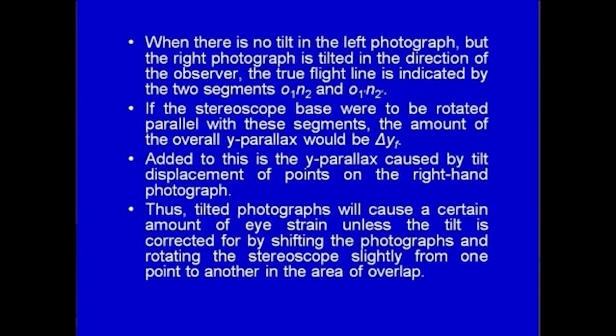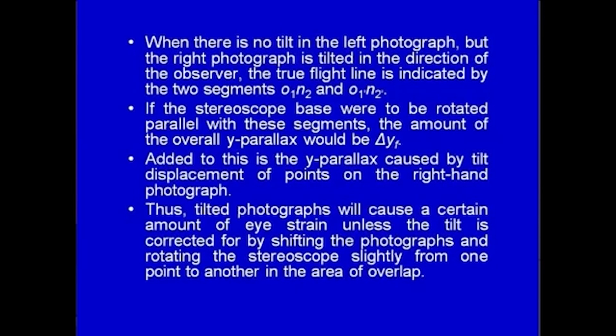When there is no tilt in the left photograph, but the right photograph is tilted in the direction of the observer, the true flight line is indicated by the two segments O1 N2 and O1 dash N2 dash. If the stereoscopic base were to be rotated parallel with these segments, the amount of the overall y parallax would be delta y f, added to the y parallax caused by tilt displacement of points on the right hand photograph.